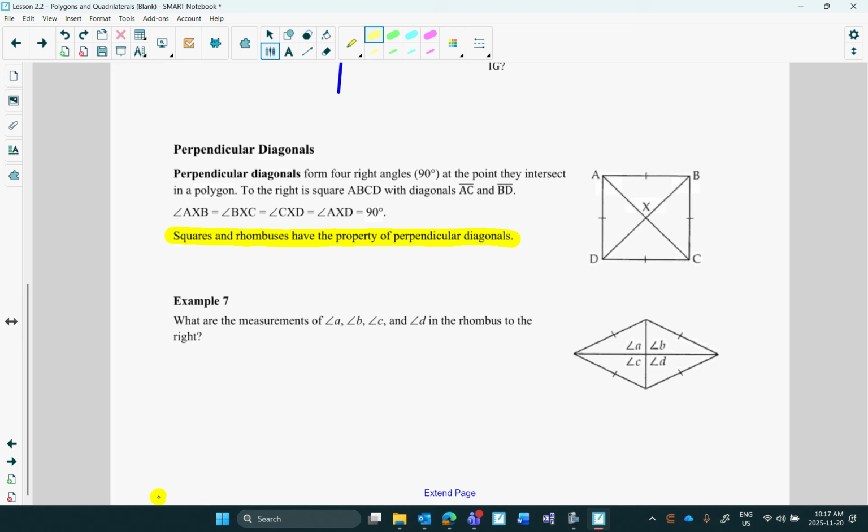Not only do they split each other into 2 equal segments, they split each other at 90 degrees. So here, in this square, these are all the same, equal sides, but these are all 90 degrees.